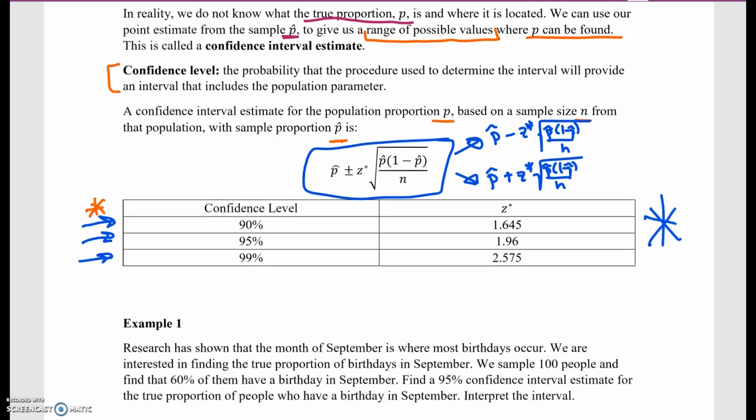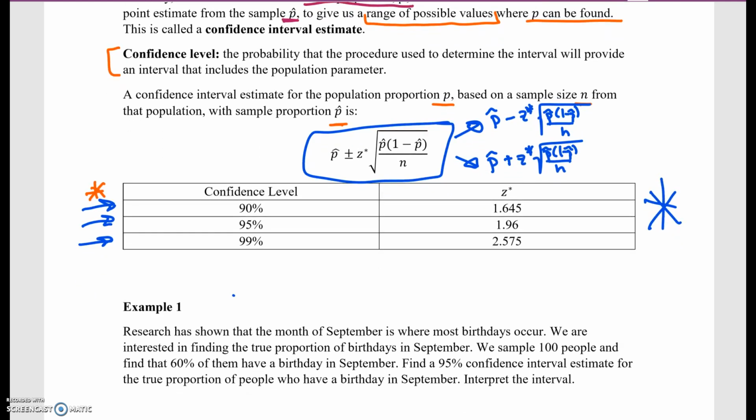So what the heck does that even mean? If I had something that's normal, so let's say this is my data of p hats. We know that p is somewhere in here. Well, a 90% confidence interval just means that I want to be 90% sure that my true value of p will lie somewhere here.